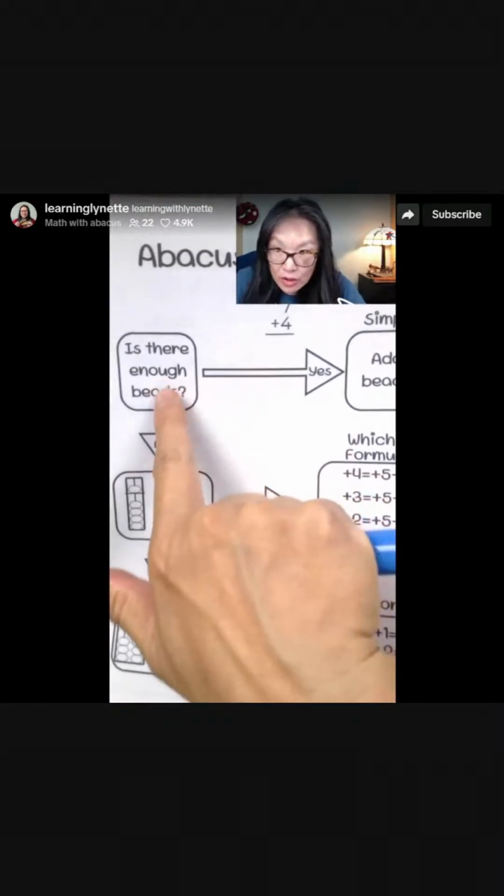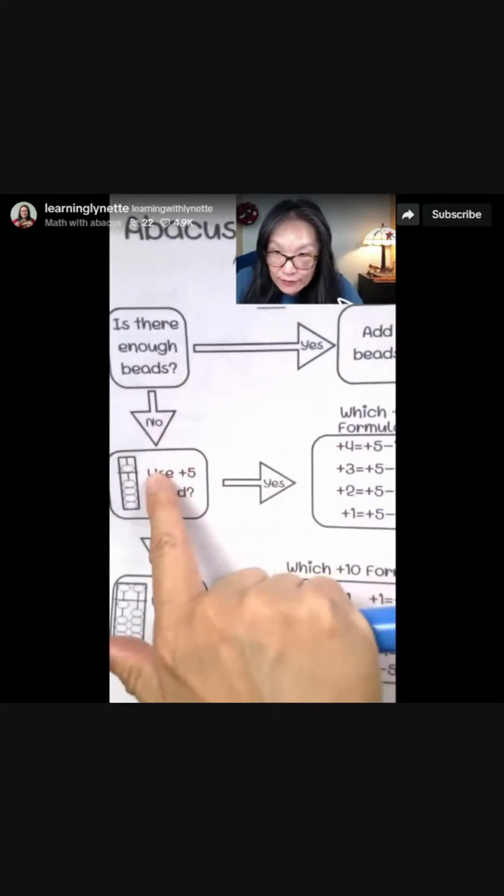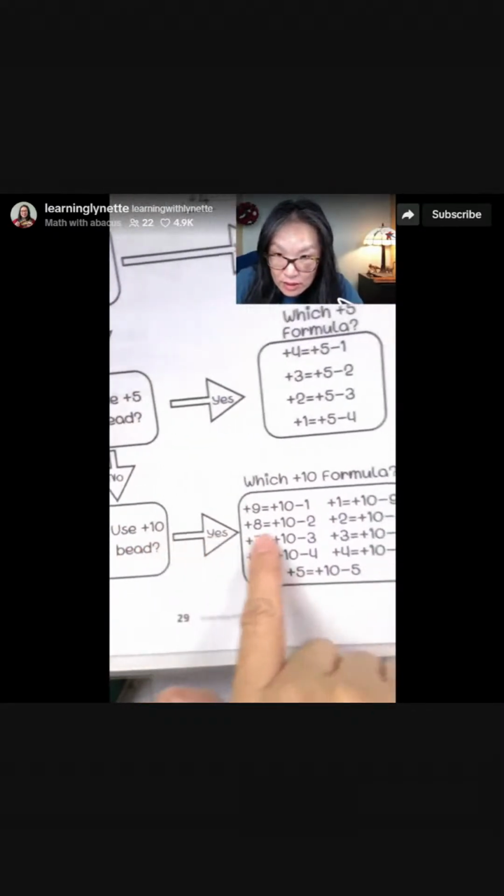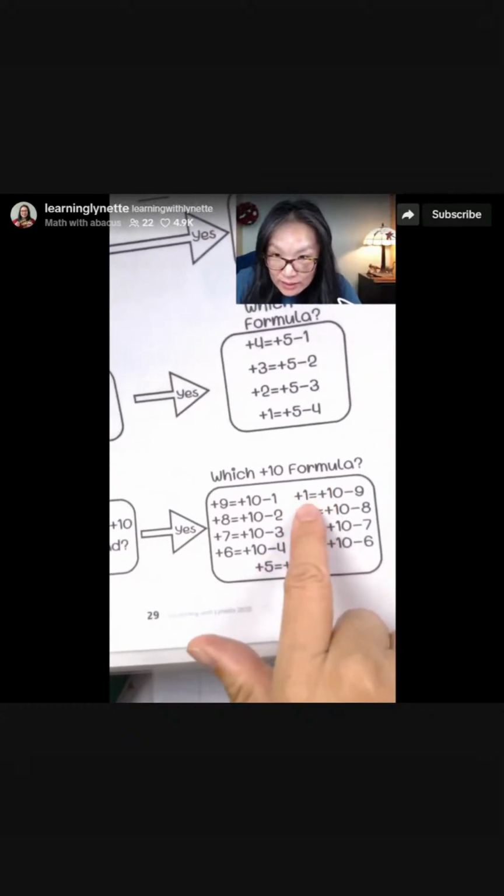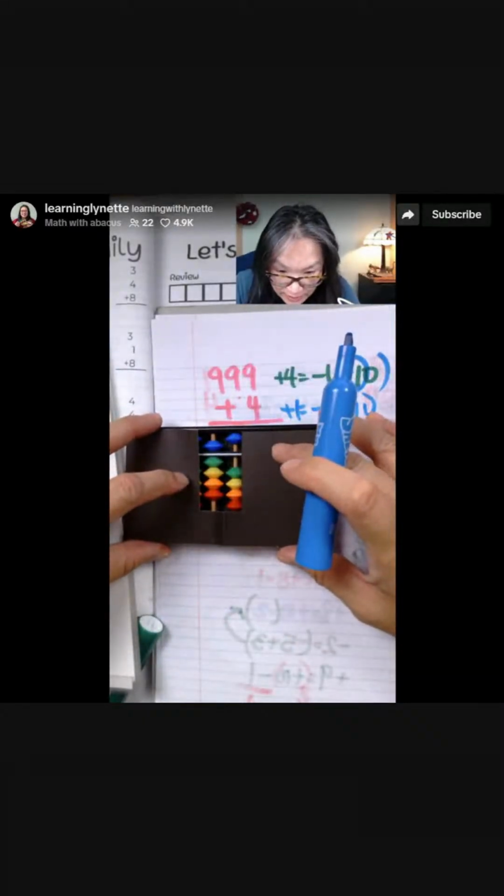No. So I go here. I need to add the 1 minus the 9 plus the 10. So I'm going to minus the 9 and I'm going to add the 10. 1, 0.